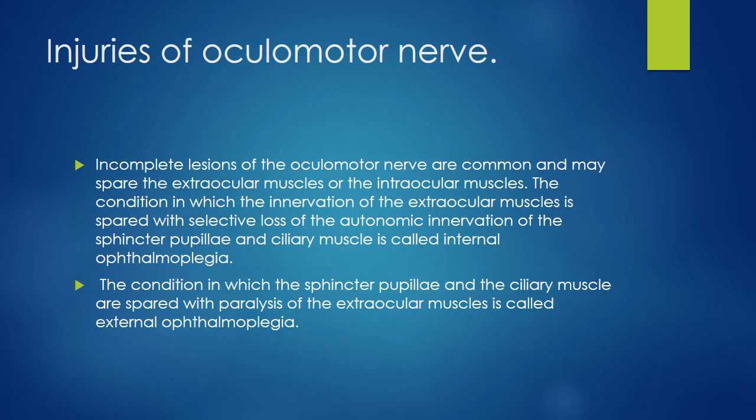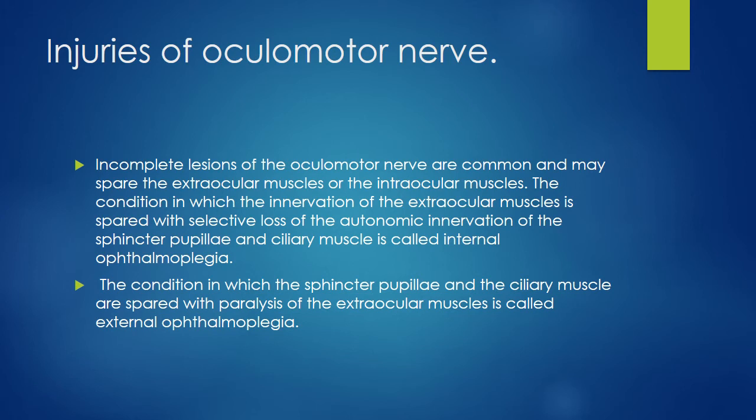अच्छा जी, अब जैसे कि हमने पढ़ा कि in the oculomotor nerve parasympathetic fibers lie superficial to motor fibers. So in case when there is an incomplete lesion of the oculomotor nerve, or there are conditions with raised intracranial pressure which cause compression of the nerve, in this case they may spare the extraocular muscles or the intraocular muscles.